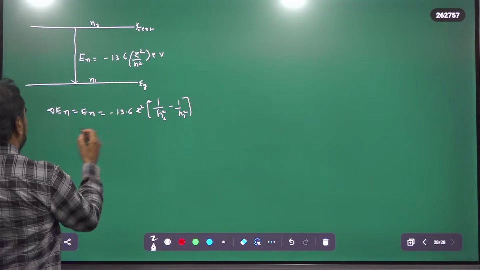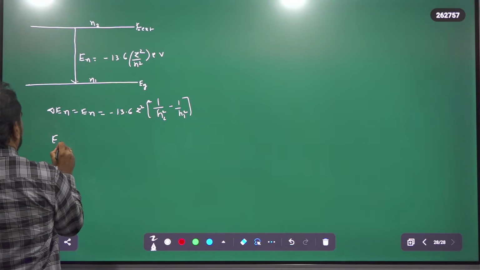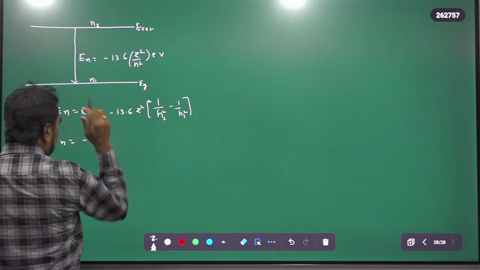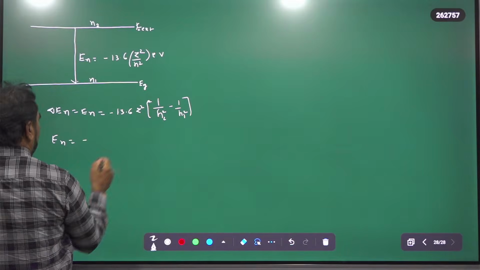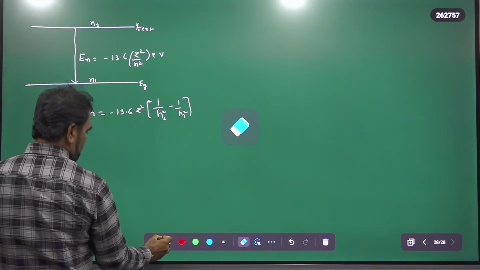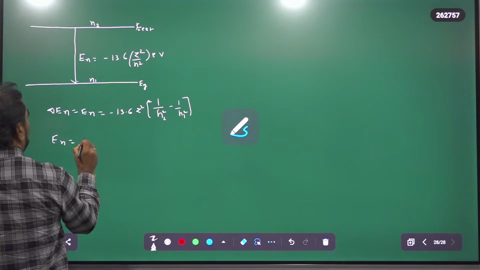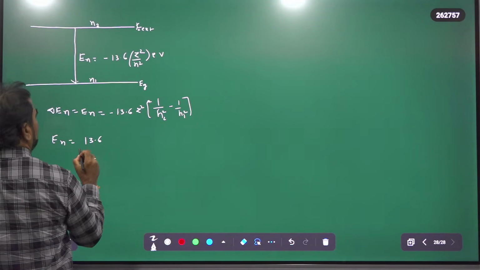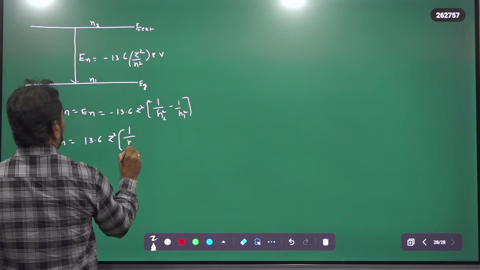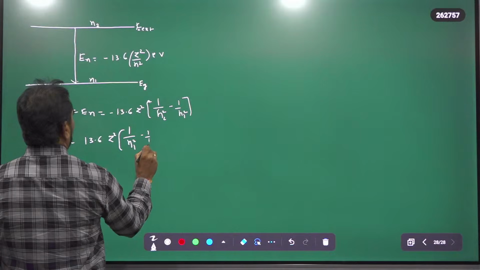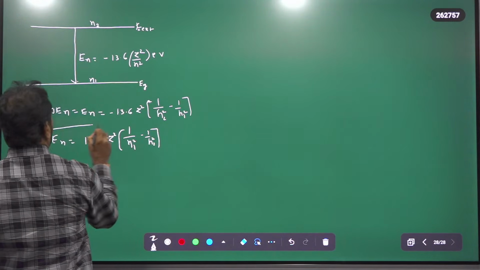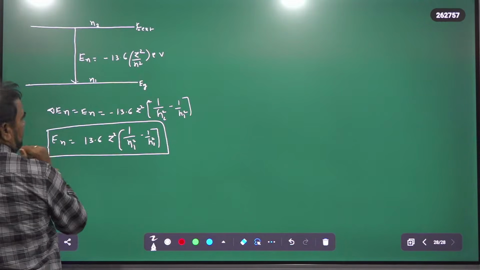Writing this in reverse order, that would be equal to 13.6 into Z square into 1 by N1 square minus 1 by N2 square. This is the energy of the n orbit.